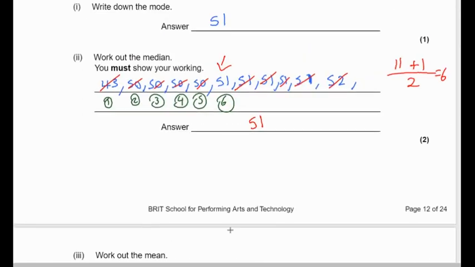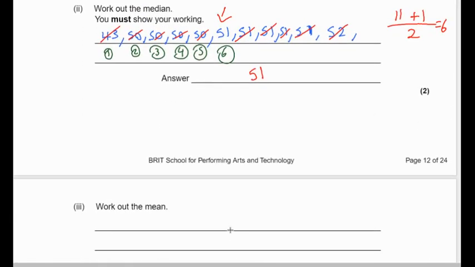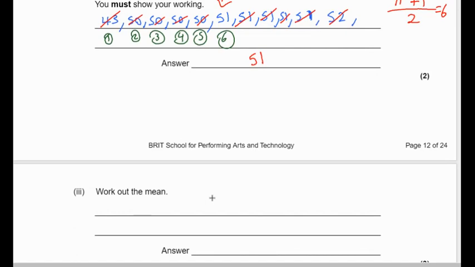Okay, and then it says work out the mean. Oh dear, they really want us to do the most of this. Okay, so I can just about see the numbers.